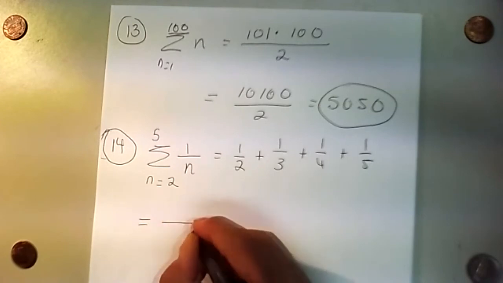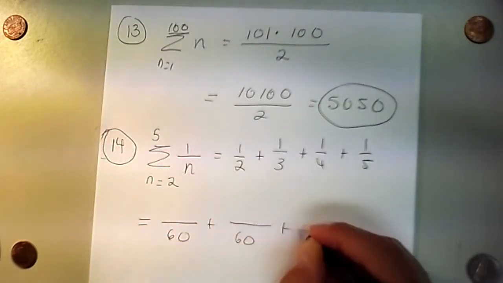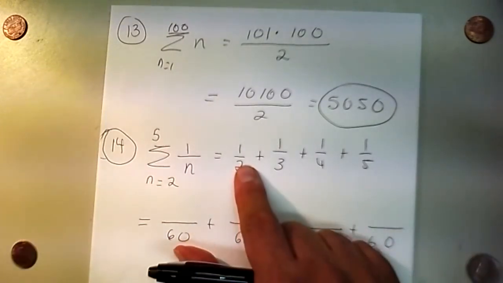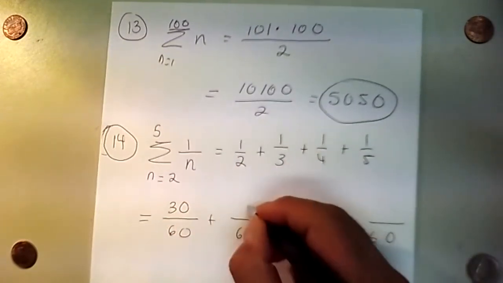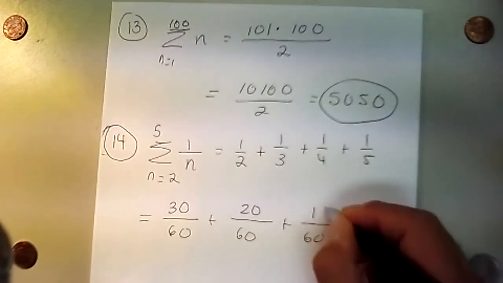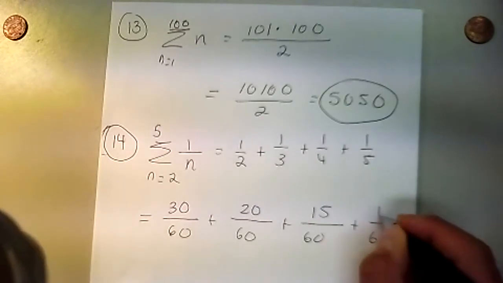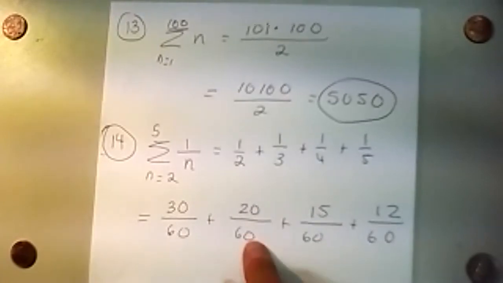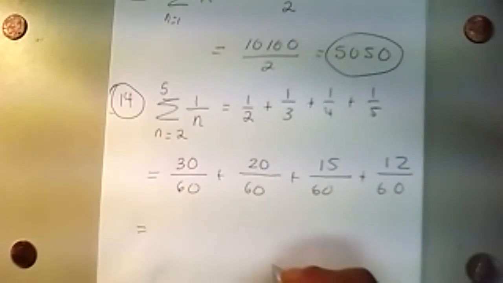So this is going to be something over 60 plus something over 60 plus something over 60 plus something over 60. And we can change the 1/2 into 30 over 60. This is going to be 20 over 60, 15 over 60, and 12 over 60. So that is 1/2, 1/3, 1/4, 1/5. Yep. So this requires much more work.